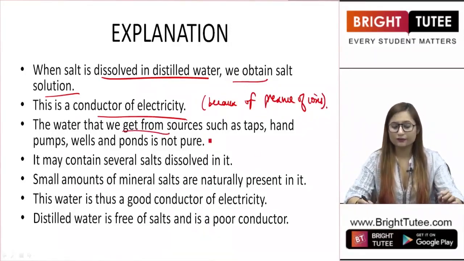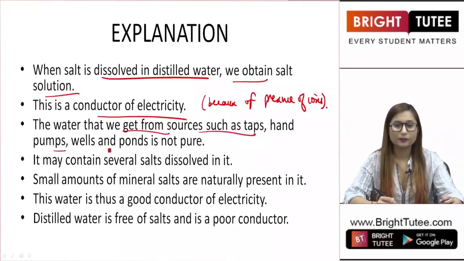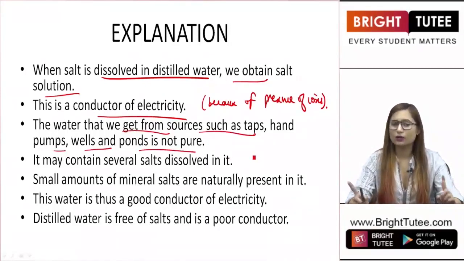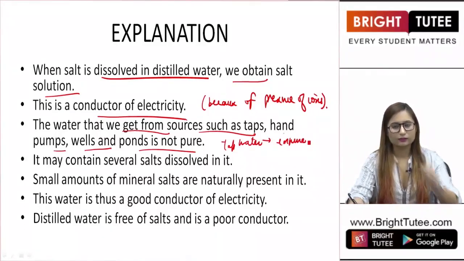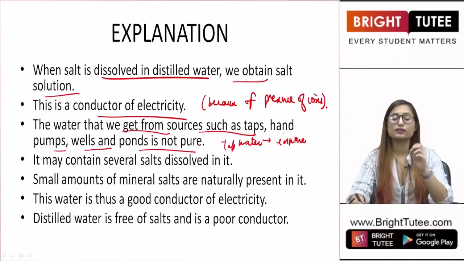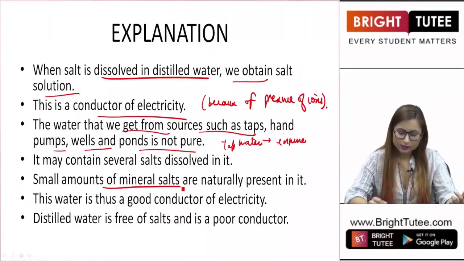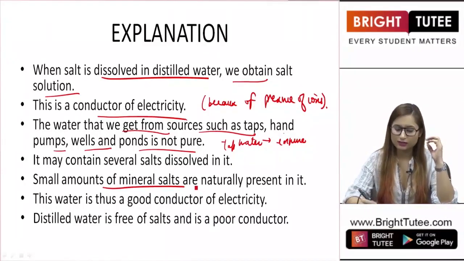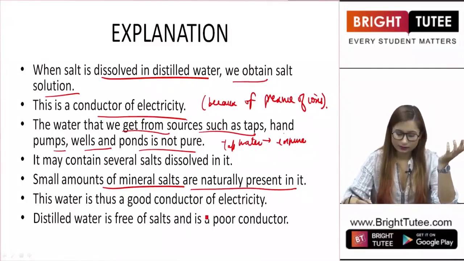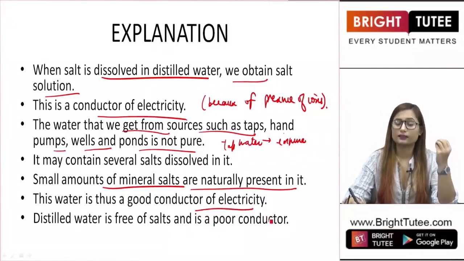The water that we get from sources such as taps, hand pumps, wells and ponds is not pure. You can basically say tap water is impure. Right, students? It may contain several salts dissolved in it. Small amounts of mineral salts are naturally present in it. This water is thus a good conductor of electricity.